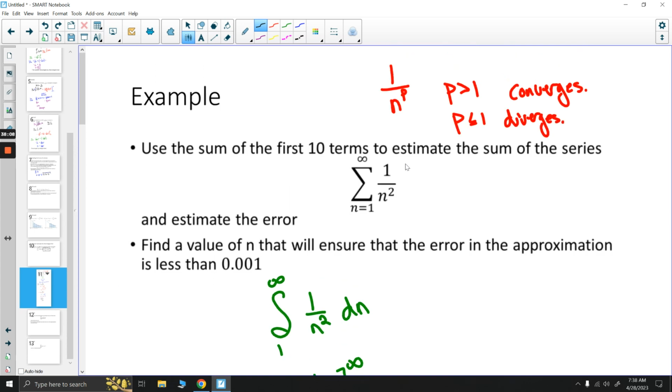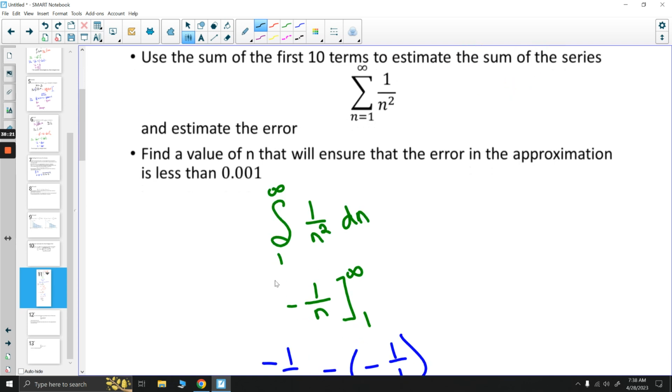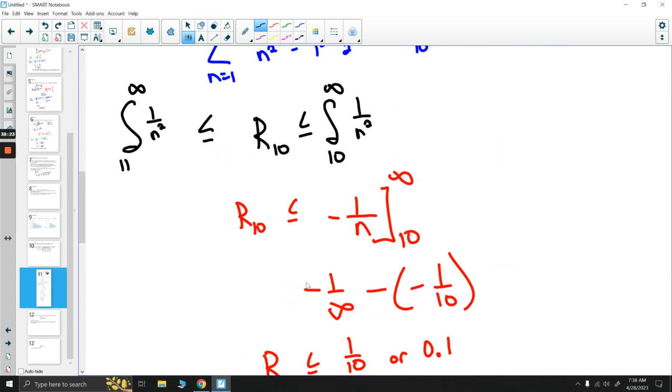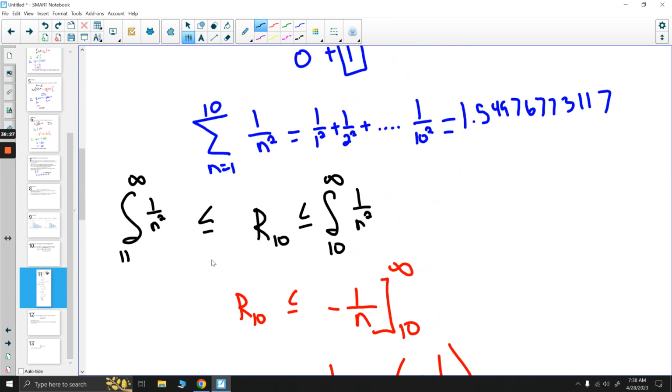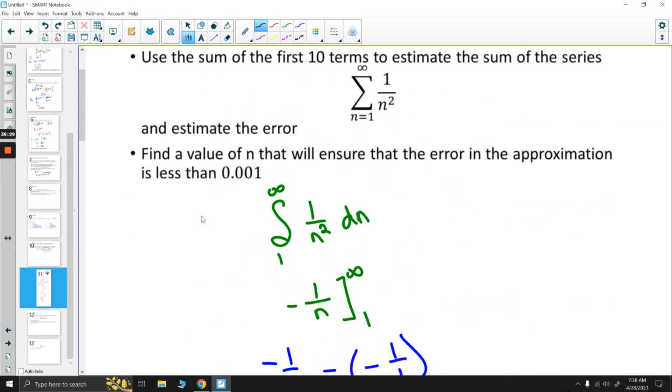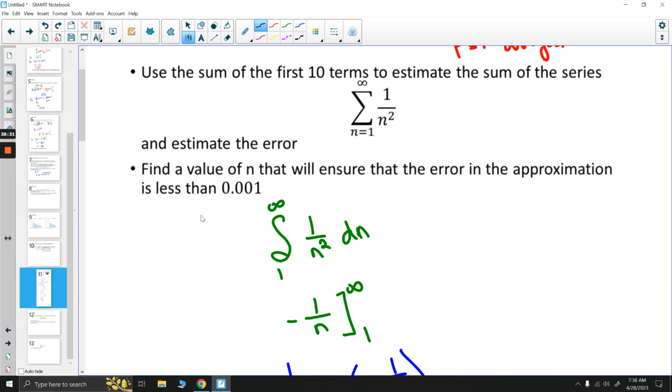Now, one thing to note is that this p-series is one of the first kind of convergent p-series that we deal with, and so it converges, but it actually takes a fair number of n's to get out to some point where we can be more accurate. But depending on the series, a 10th partial sum could actually be incredibly accurate. So it just kind of depends on what you're dealing with.